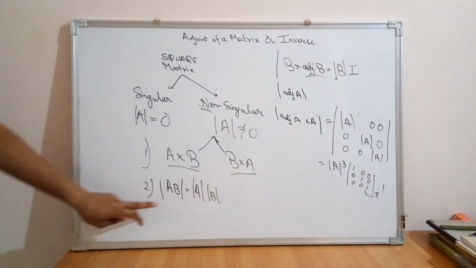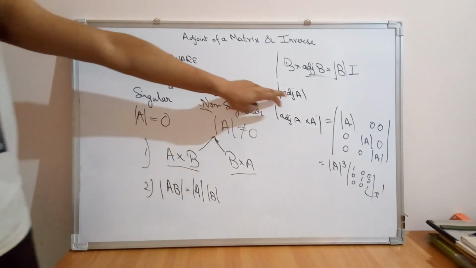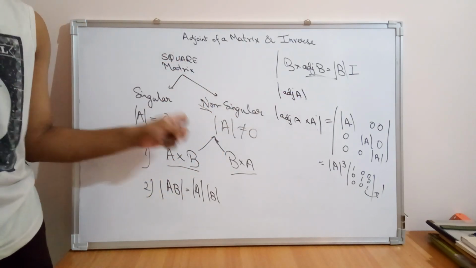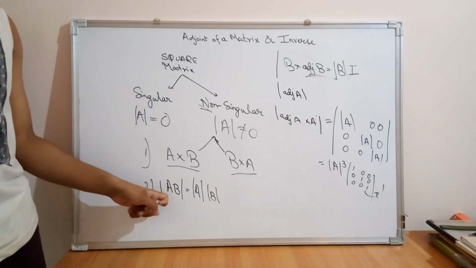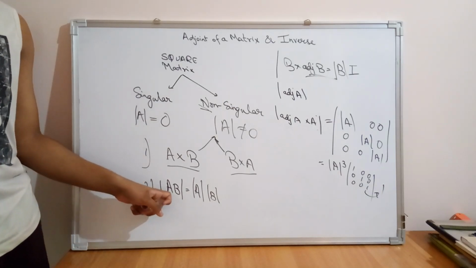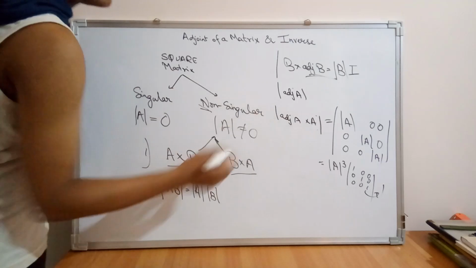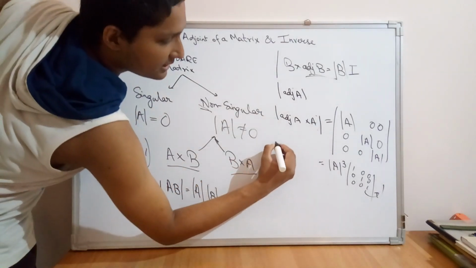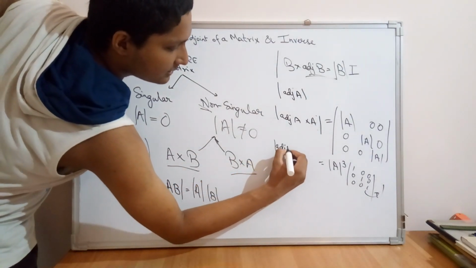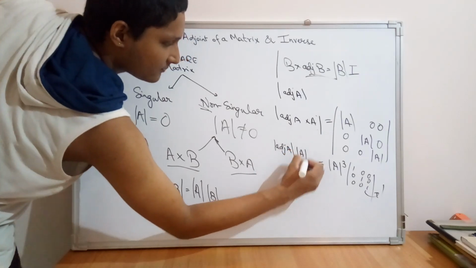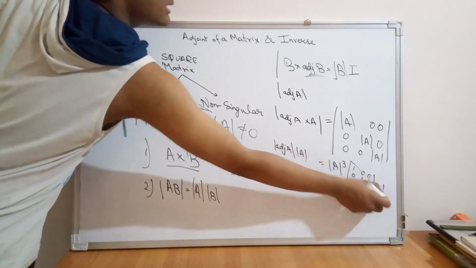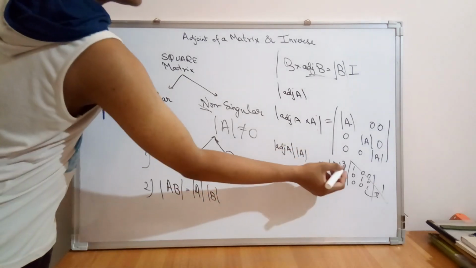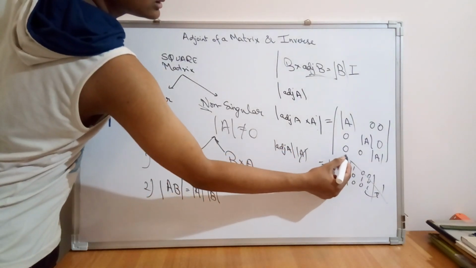So if I consider A and B, where A is a non-singular matrix, we are considering non-singular only. So if A is a non-singular matrix, A into B, B is something else here. So this product becomes det of adjoint A into det A. Okay, since this is 1, I can just remove that. Then you have cube, this becomes square.